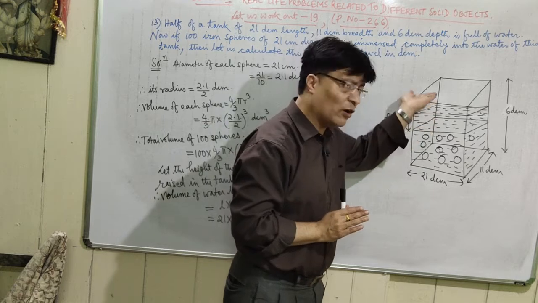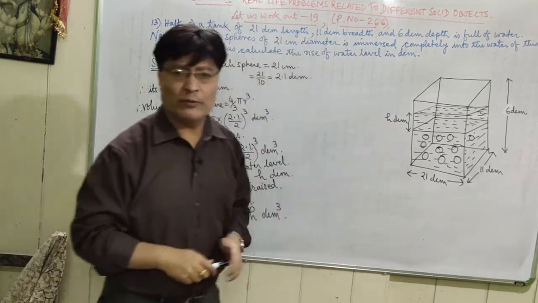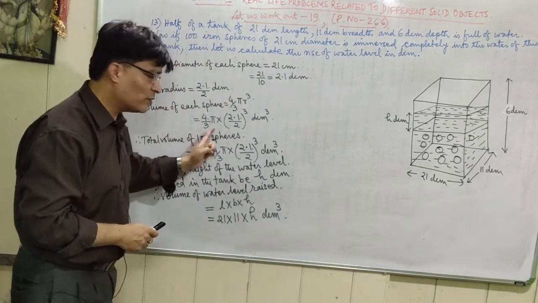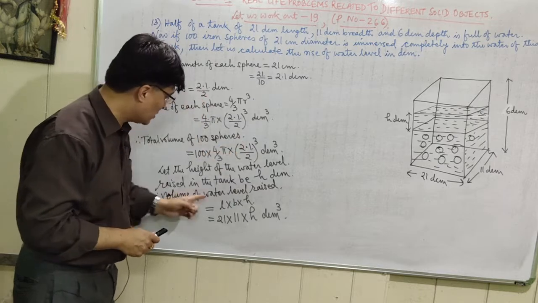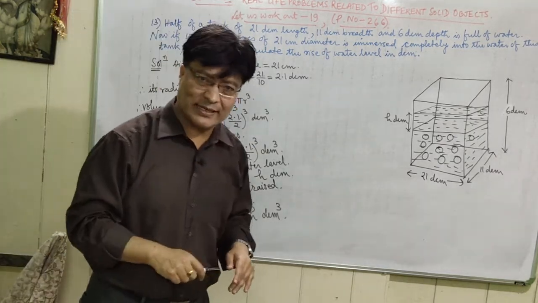When the 100 spheres are completely submerged in water, this height of the water level will be raised. That is, the volume of the water level raised will be equal to the total volume of the 100 spheres in the tank. Is that clear?